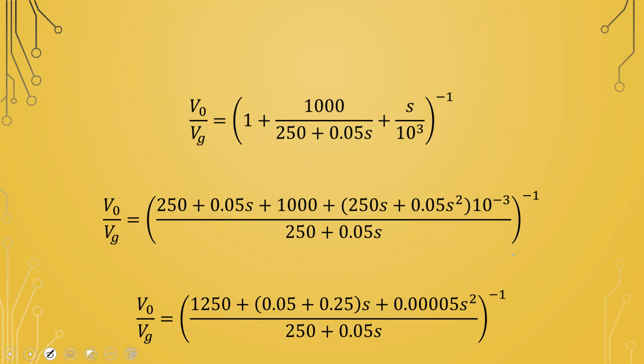And remember, one of the key things we need to do is to make the coefficient of the highest order of S, in this instance S squared, equal to 1, once we have inverted. So in this instance, we'll divide throughout by 5 times 10 to the minus 4.